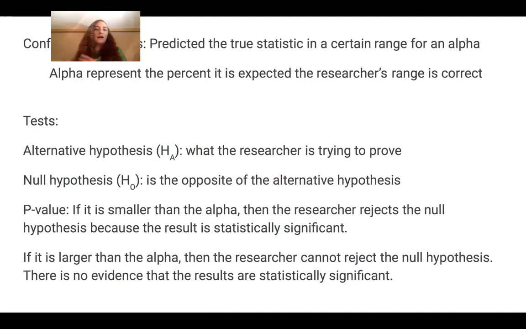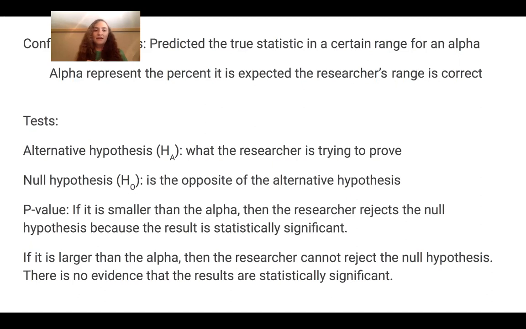So an example of a confidence interval would be: we are 95% confident that between 1% and 5% of people in this region have COVID.